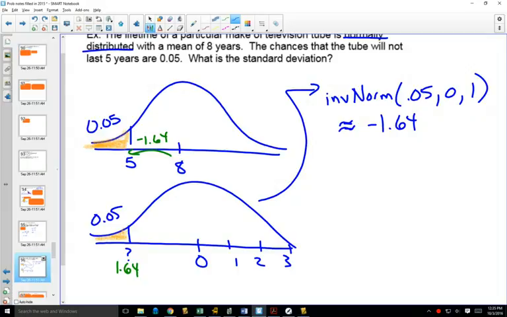Once we have that value, we can say, well, I know that my Z-score is always my actual score, subtract my mean, divided by however many standard deviations we have.